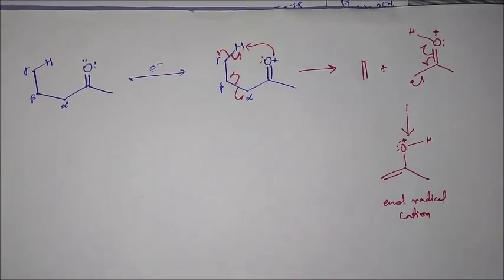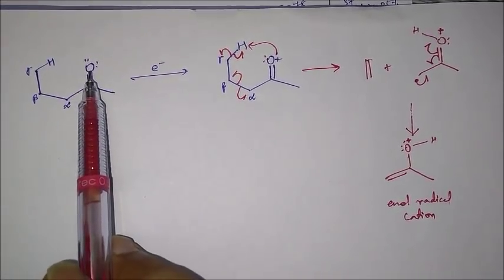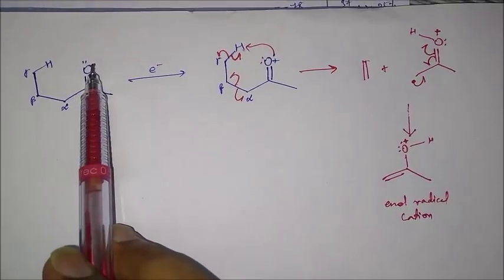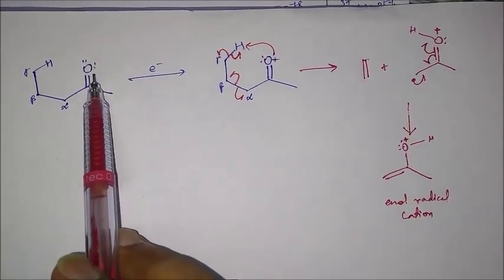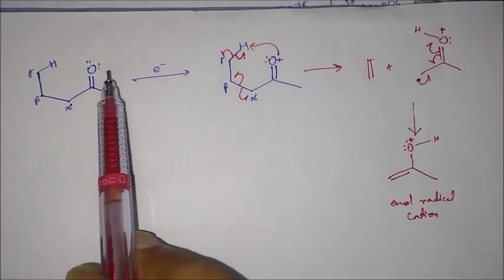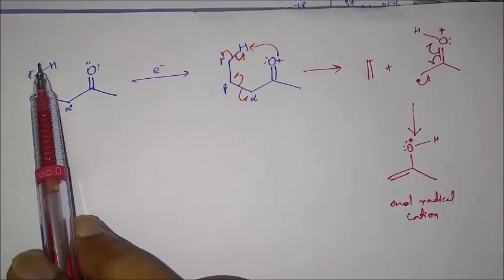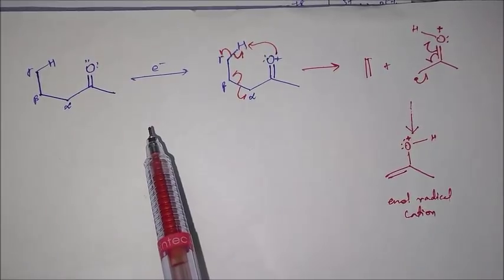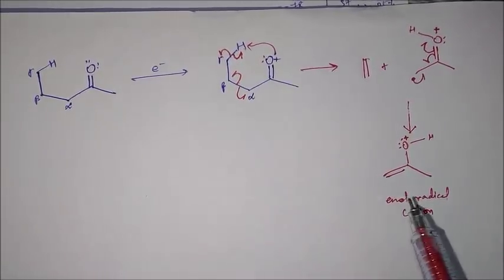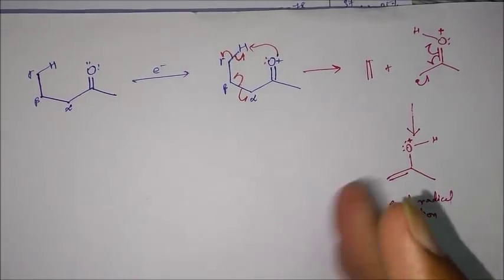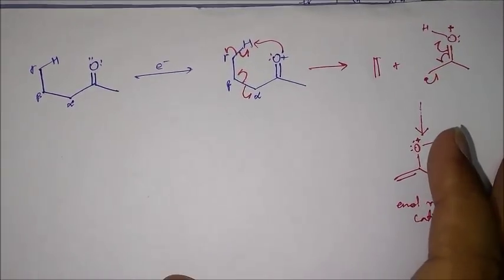And what else you have to do is form a bond between this oxygen, or if it were carbon then this carbon, or if it were nitrogen then this nitrogen, and this gamma hydrogen. Whatever is here, you just have to form a bond with this gamma hydrogen and form the double bond, so that you make the enol radical. Like this McLafferty rearrangement occurs.